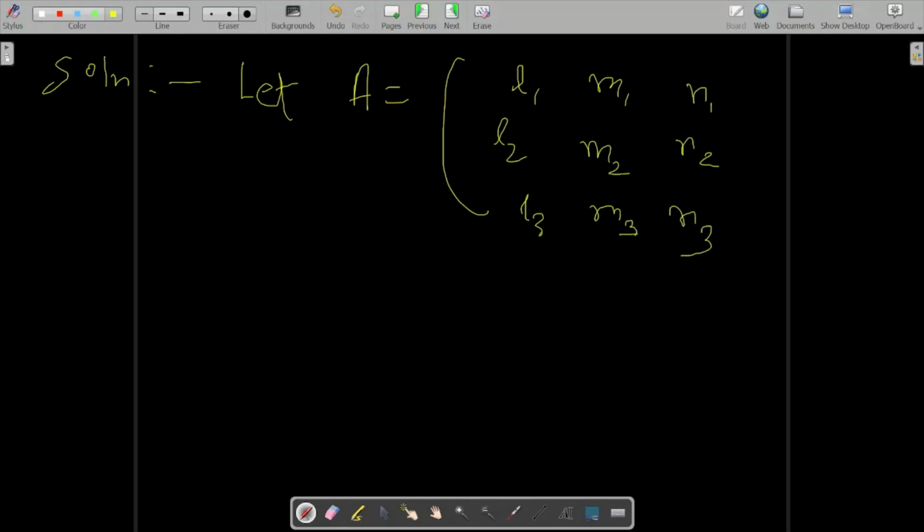This is the first matrix, okay, which is given to you, which you have to prove. So you have considered it to be equal to capital A. So clearly, how will A transpose look? I had told you in the previous classes that for the transpose, the first row will become the first column, the second row will become the second column, the third row will become the third column, okay.